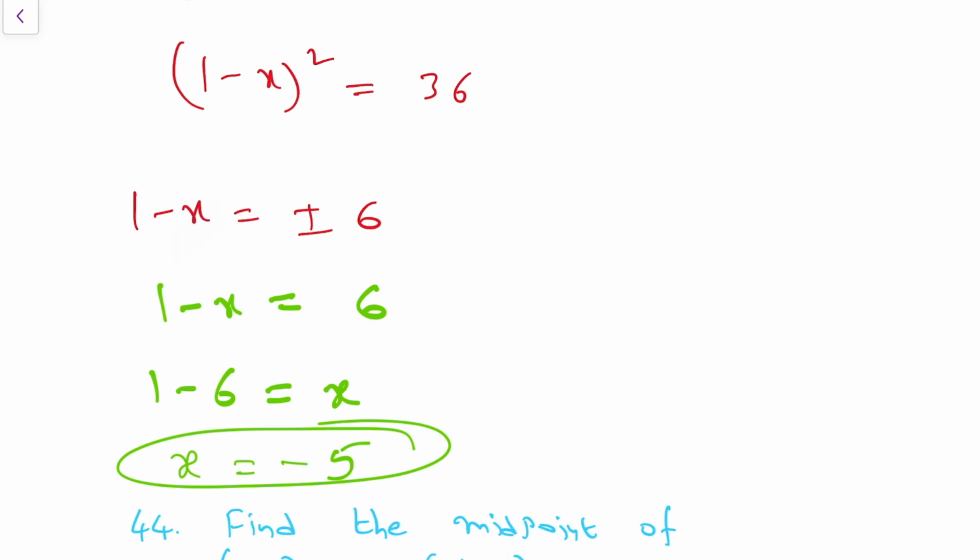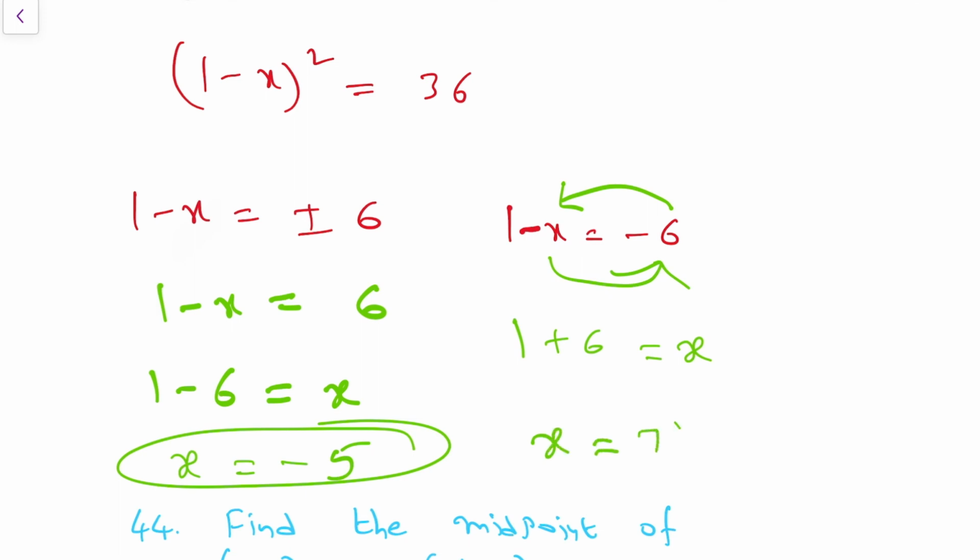Now the same way, 1 minus x equals, take the negative number, minus 6. Bring minus 6 this side and minus x to the right side. 1 minus 6 will become plus 6 equals minus x becomes plus x. So here x equals 6 plus 1, 7. So in both the cases x values are different.